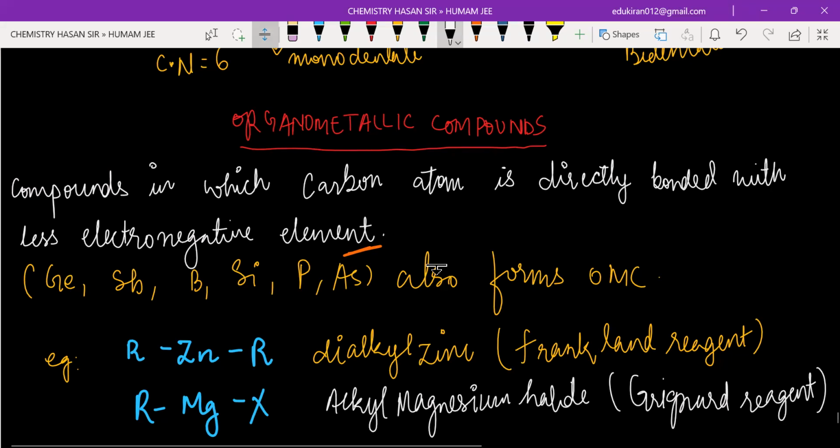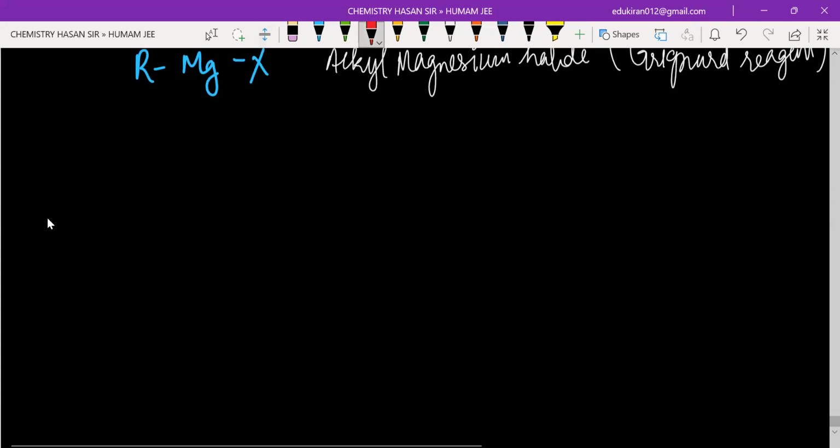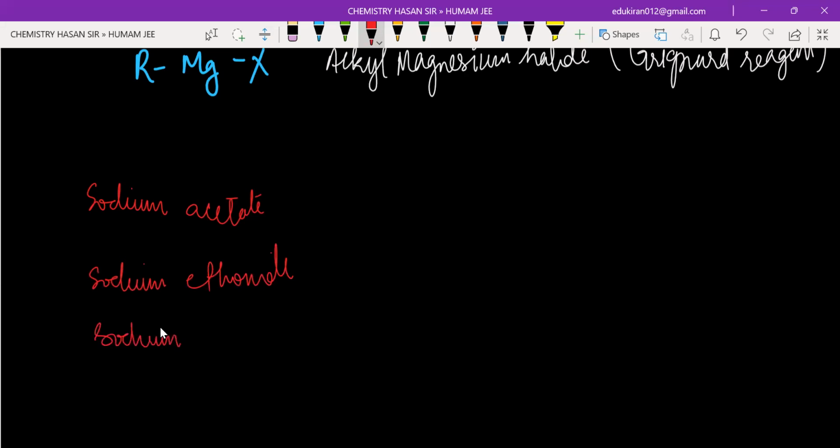Very good. Now I'm going to give you one more example. Can you tell me this sodium acetate has a formula? I'll write the formula later. And then comes your sodium ethoxide, sodium mercaptide.